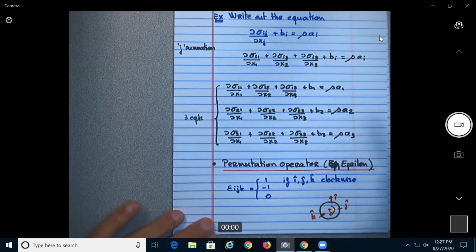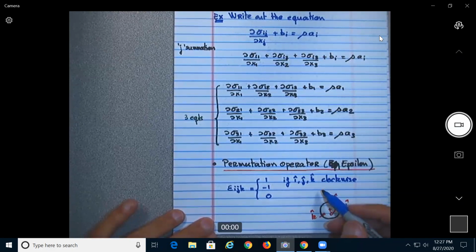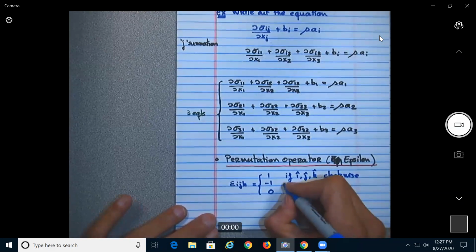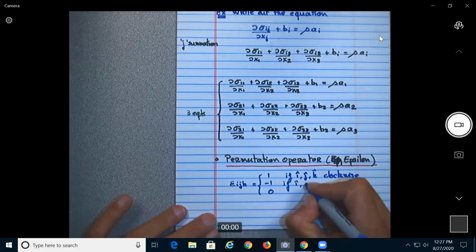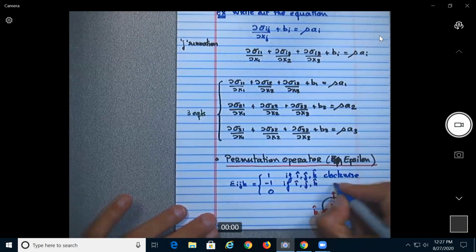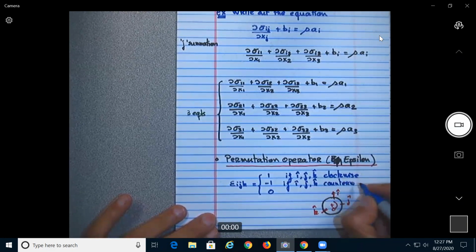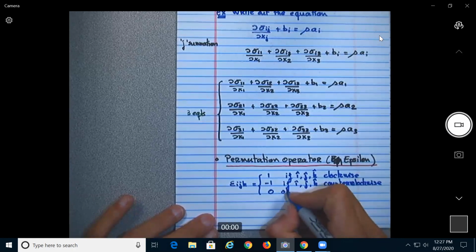And so on. It will be negative if it goes counterclockwise, or 0 if it's any other combination.